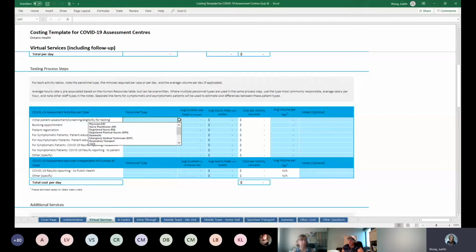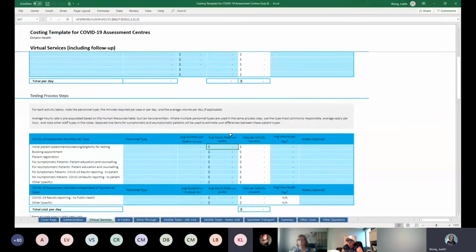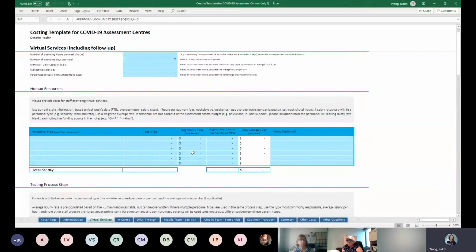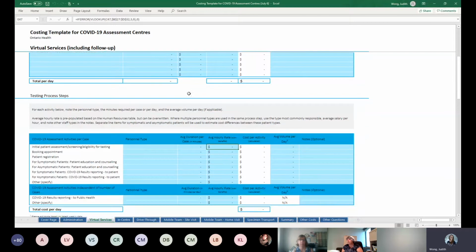Select the personnel type who's doing that activity, and the average duration per case in minutes, so that may be 5 minutes, that may be 10 minutes. The hourly rate is set to pull the rate from the table above so that you don't have to retype it. However, if for some reason that automation does not work in your case, you can overwrite this cell as well.